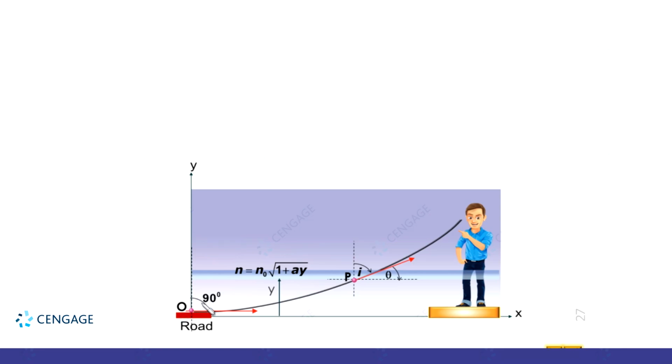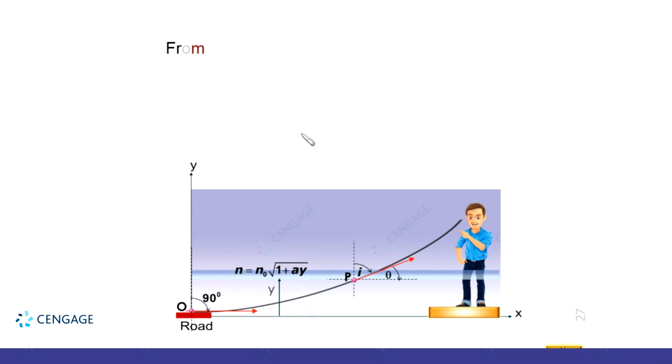Snell law says the multiplication of the refractive index and sine of angle of incidence is constant. And here we know this angle of incidence is 90 degree, and here this angle of incidence is i, that is equal to 90 minus theta. And at this level, we know the refractive index as n naught. And here this unknown value is n naught under root 1 plus ay.